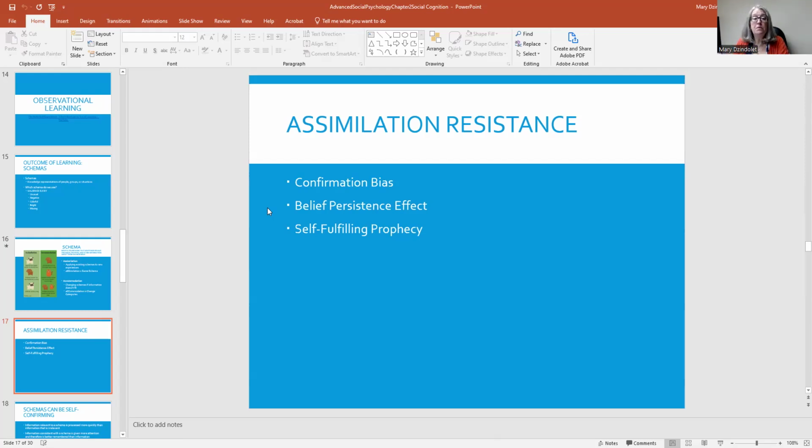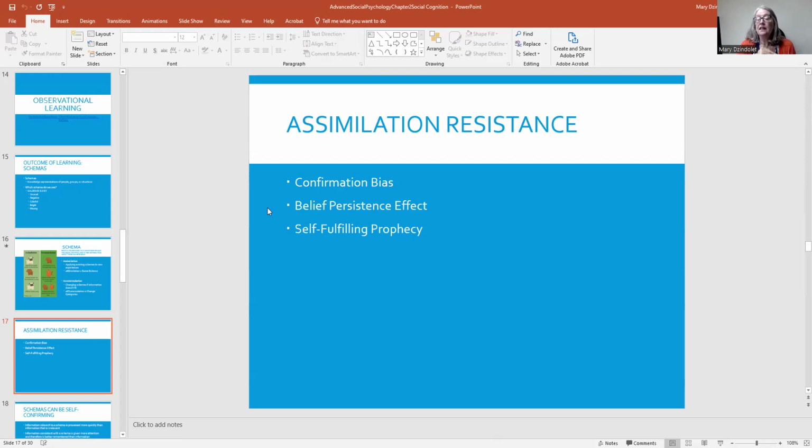Even though you started to believe that Brian was a cheat because I told you that he cheated on an exam, then when I tell you he didn't cheat on the exam, you should go back to neutral, but you don't. You will still believe that he's not very honest. And we call that the belief persistence effect. When you believe information, even when you're given information that's contradictory to it.